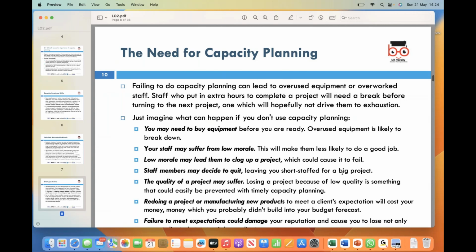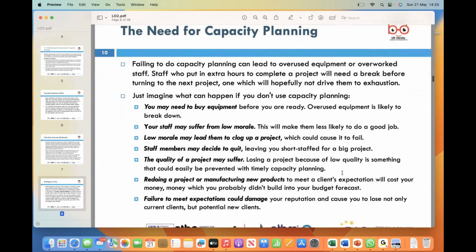Inadequate planning can lead to a shortage of staff during critical project phases. If employees become overwhelmed or burnt out due to lack of proper scheduling and workload distribution, they may decide to quit. Moreover, consider the consequences of not meeting client expectations.